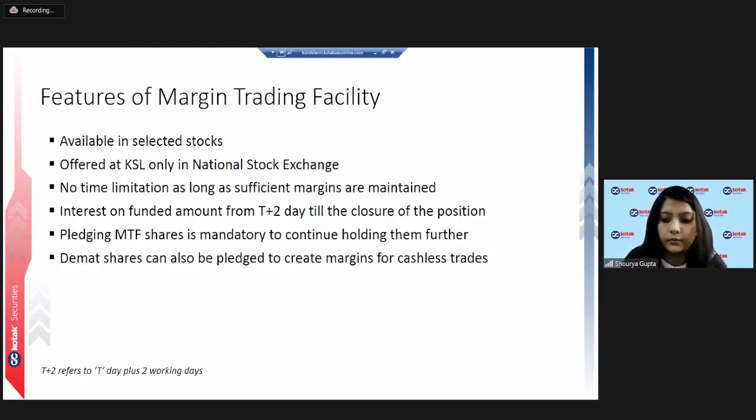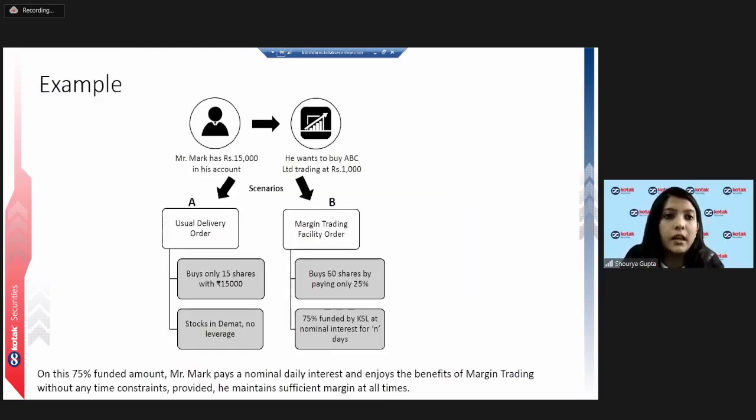So I think we can go to the next part where I can explain with the help of an example. As you can see, Mr. Mark here has 15,000 which he wants to use to buy ABC Limited shares. Now ABC Limited is trading at 1,000 rupees, and Mr. Mark wants to buy these shares.